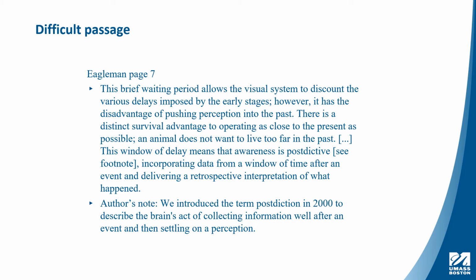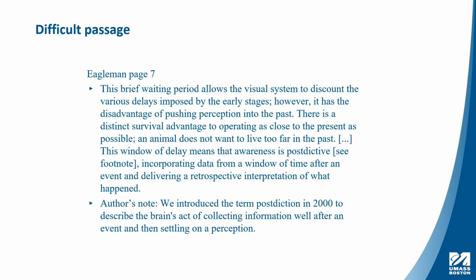In the first part of this quotation, Eagleman refers to a brief waiting period. This is the time that the brain waits before putting together the information from our different senses. The brain has to wait because some sensory information moves faster.